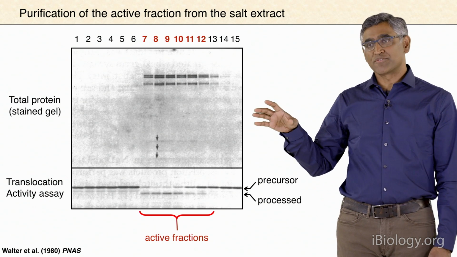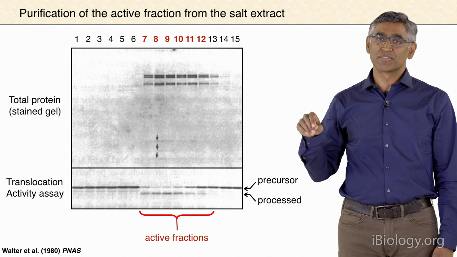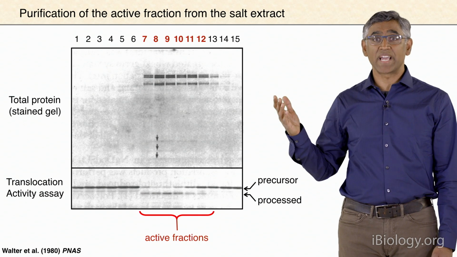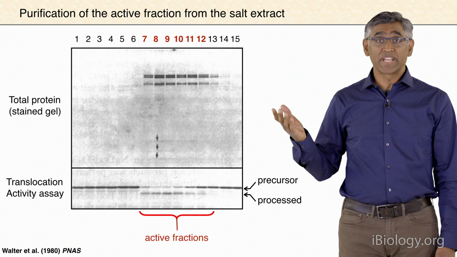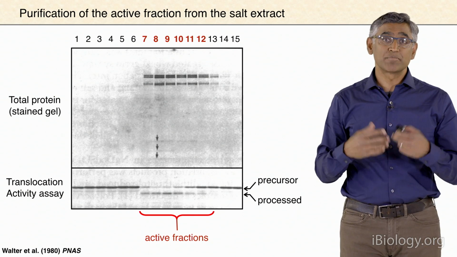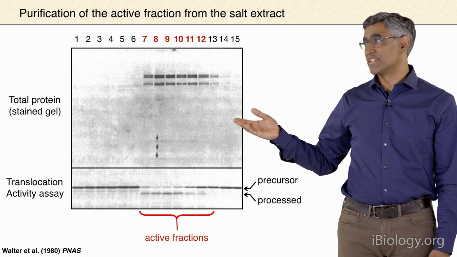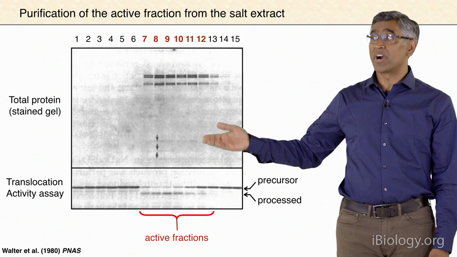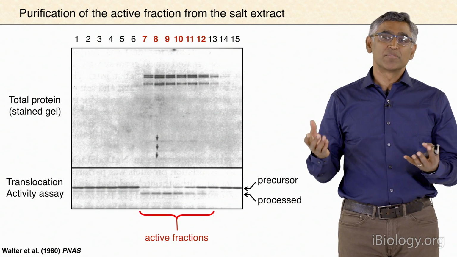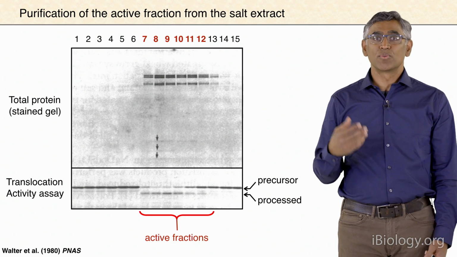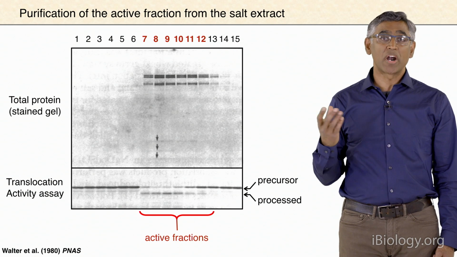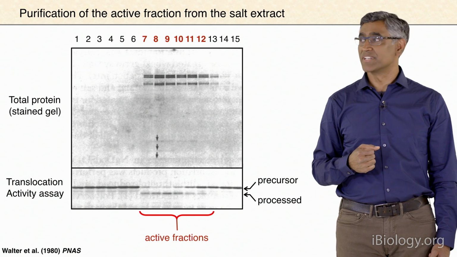Somebody had set the spectrophotometer at 260 nanometers, which is optimal for detecting nucleic acid. And when he got a really high reading, he recognized that there must be some nucleic acid in the sample. And rather than ignoring that result, he recognized that there was some RNA here that must be part of the complex. And so this is now called signal recognition particle, not signal recognition protein.